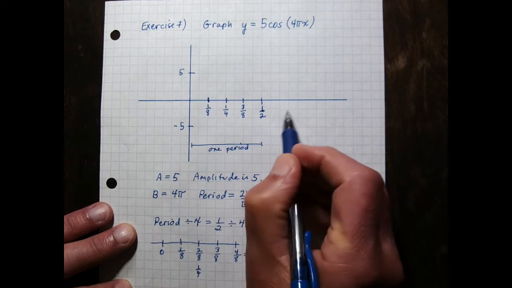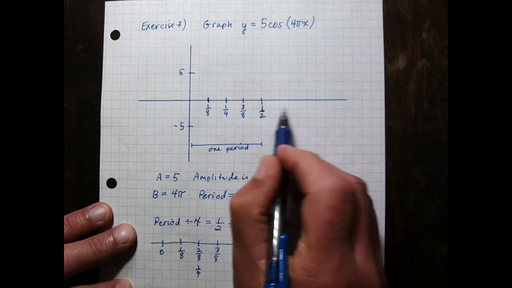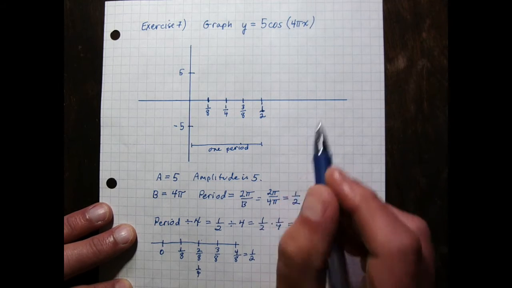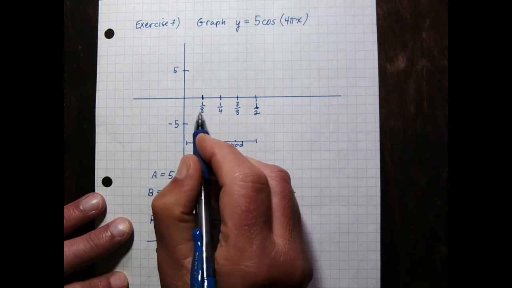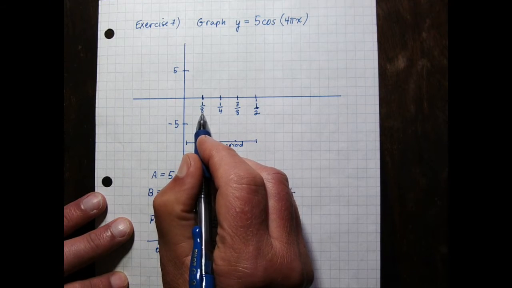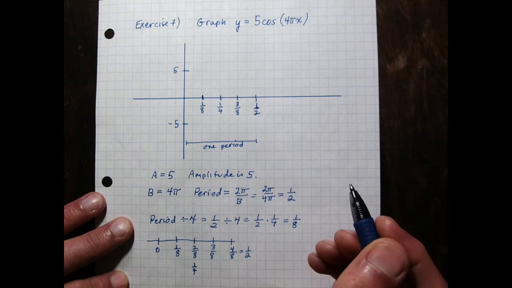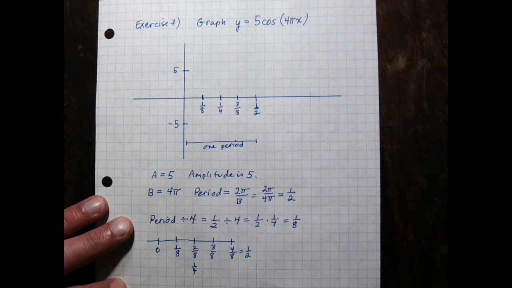And notice I'm not putting any pi's on the horizontal axis at all. It doesn't mean they're not there, it just means I'm more concerned with labeling these exact fractional values, radians, because that's going to make it easier for me to plot the important points on the graph.